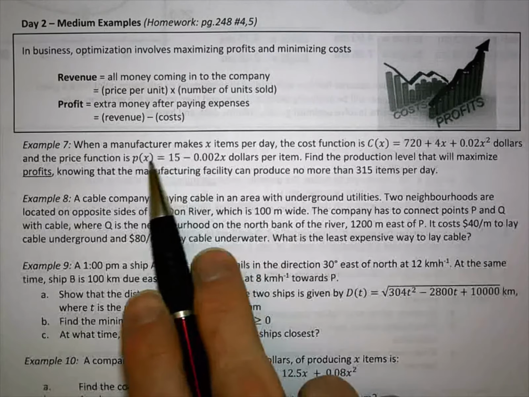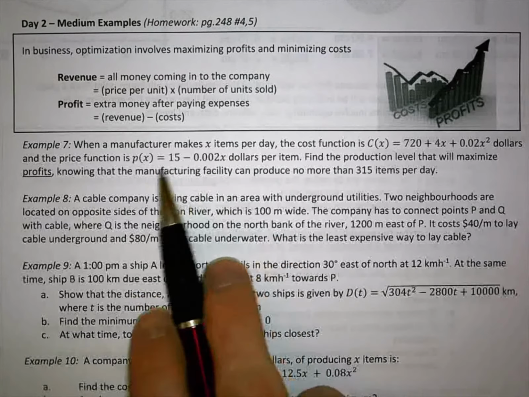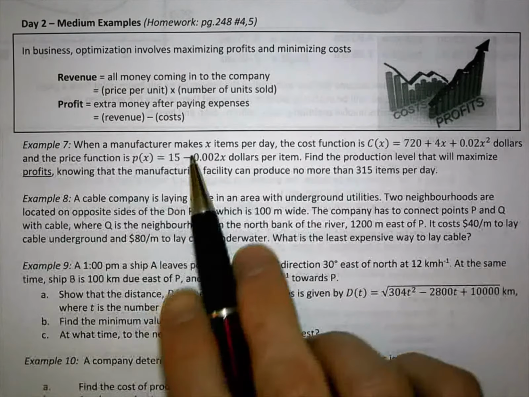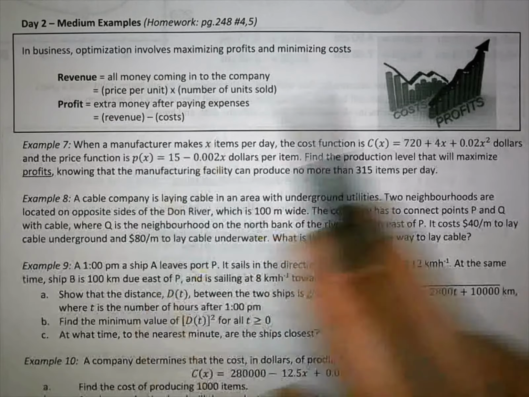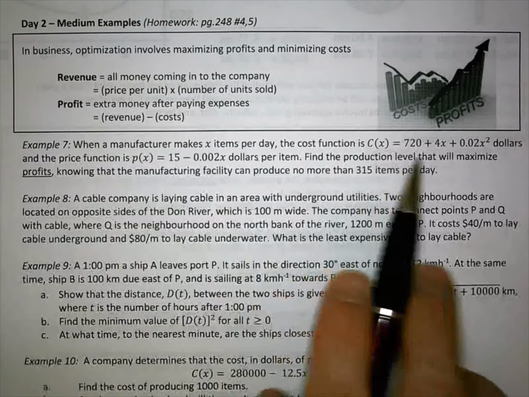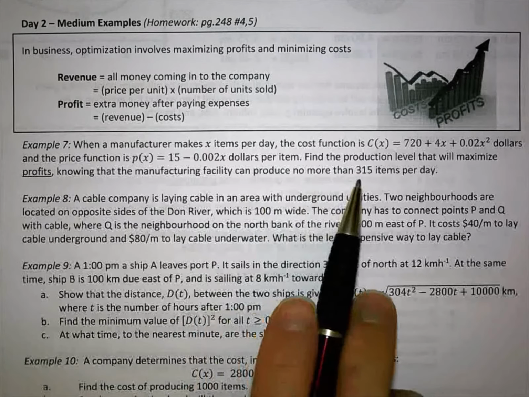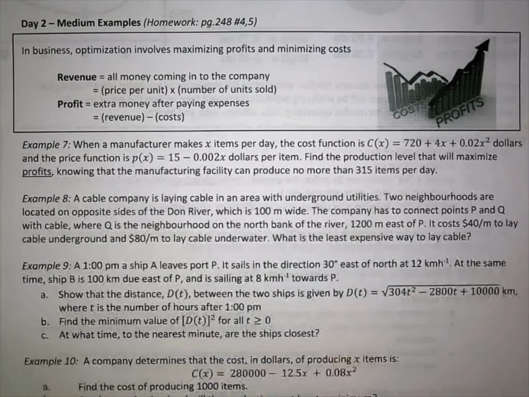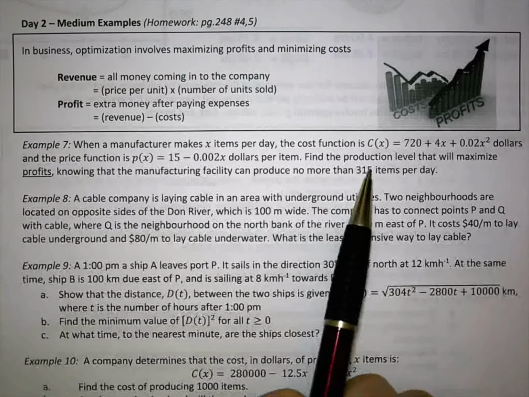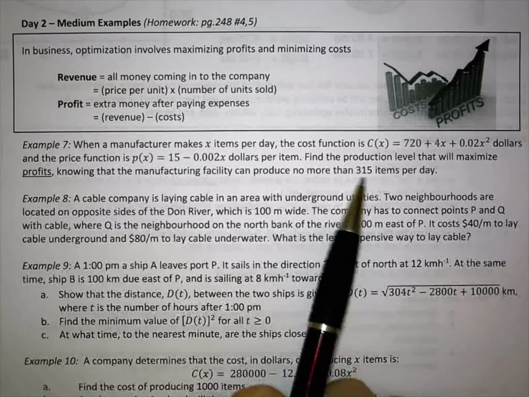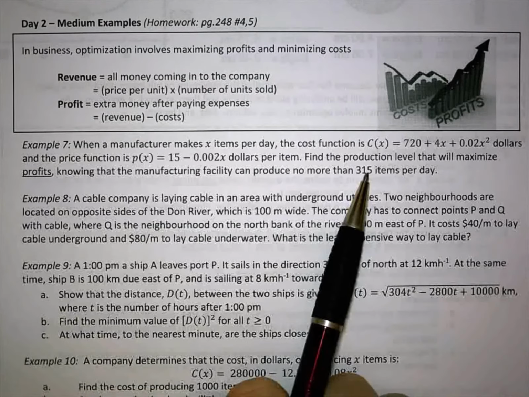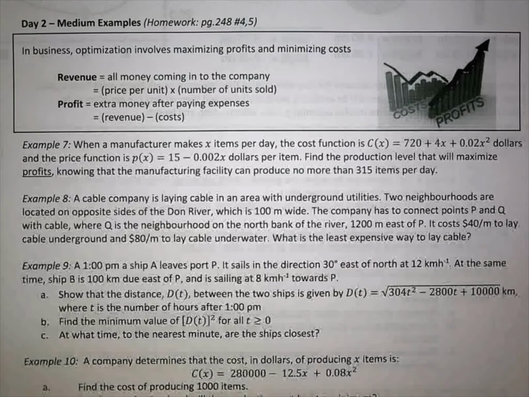If you have more items, you can afford to charge a lower price, because of economies of scale in your manufacturing, I guess. Find the production level that will maximize profits, knowing that the manufacturing facility can produce no more than 315 items per day. So that's kind of the max. I guess the production line can only move so fast in a day without building a new factory.